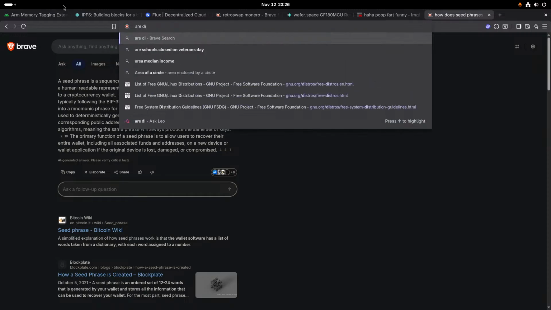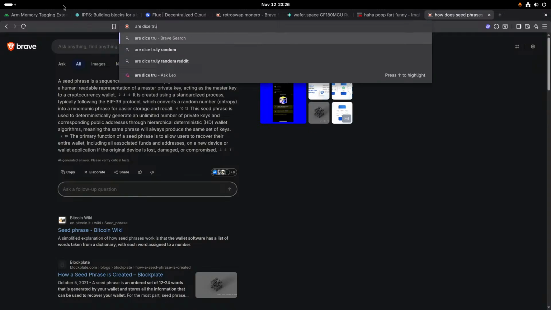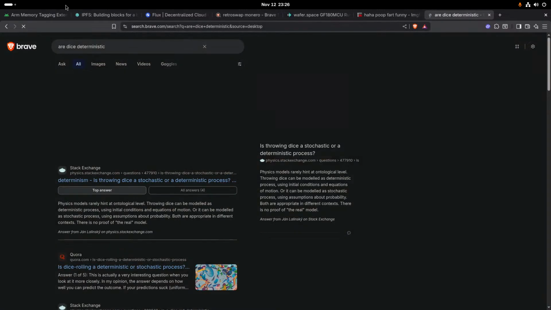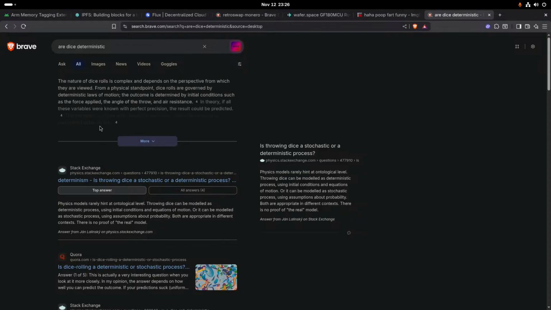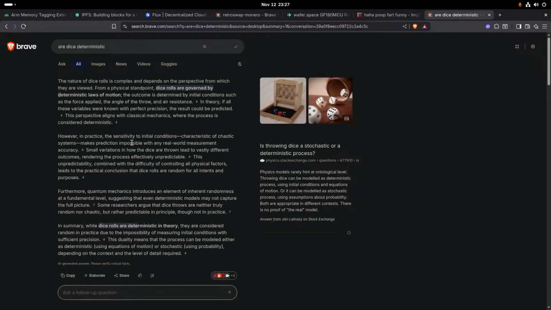Are dice random? Because they have to be. The nature of dice rolls is complex and depends on the perspective from which they're viewed. From a physical standpoint, dice rolls are governed by deterministic laws of motion. Math is deterministic.